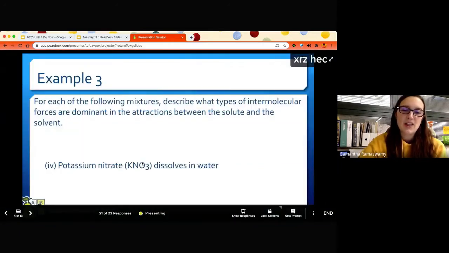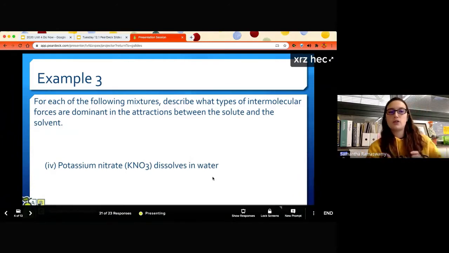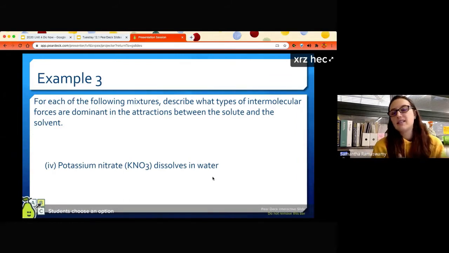Right, so think about it: first, water is polar. So we're either looking at, well, I guess that's not necessarily true. If we had something like CCl4 in water, the only thing that they have in common is dispersion. But remember that water is polar, water has a potential to hydrogen bond. And potassium nitrate, KNO3, that's ionic.